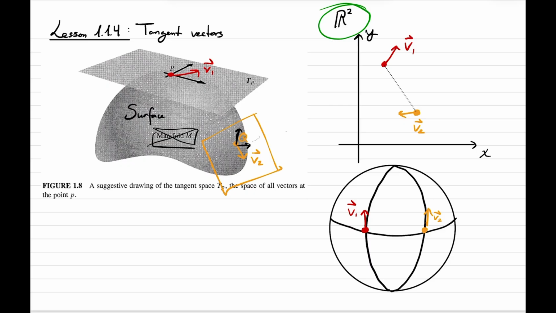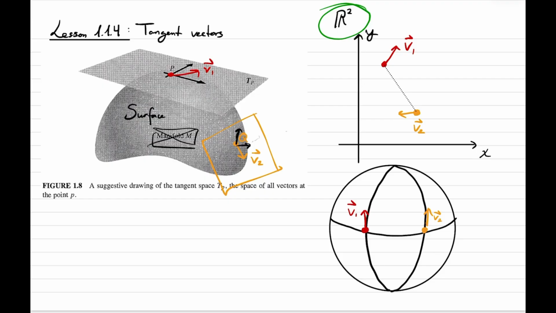Well, if we want to sum the velocities, we may do as in R2, and we can grab the vector v1 and drag it around here. And now we have the vector v1 with v2. So from this, we can see that v1 and v2 are collinear, so they are going to be summing in one direction.